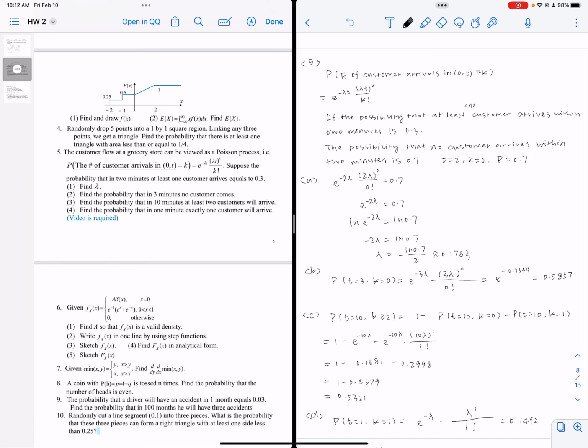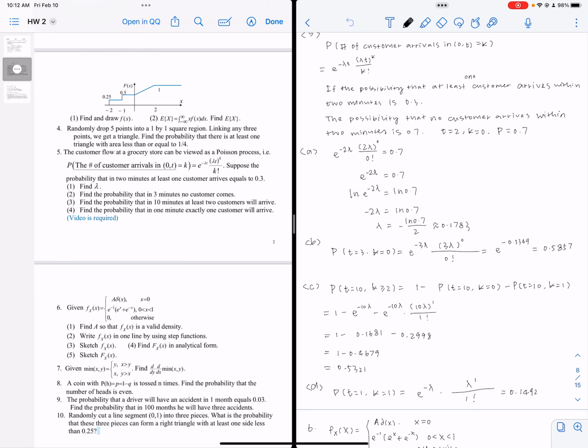And then we basically have e to the power of minus 2 lambda is 0.7. And we can get the result of lambda being minus ln 0.7 divided by 2, which roughly gives us 0.1783.